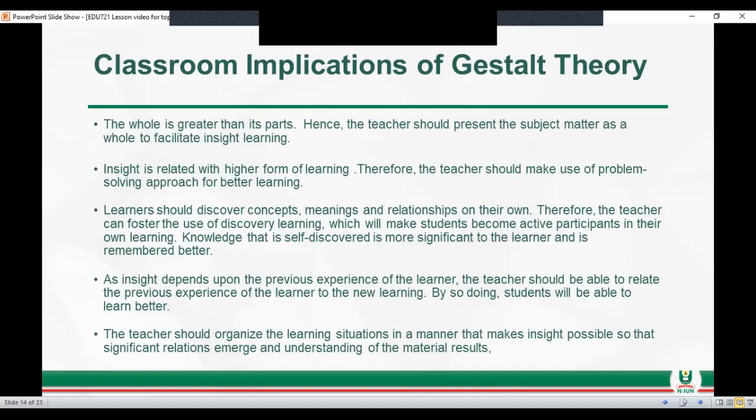The teacher should organize the learning situations in a manner that makes insight possible, so that significant relationships emerge and understanding of the material results. Just like the case of Sultan, you organize the learning situations in a manner that makes insight possible.